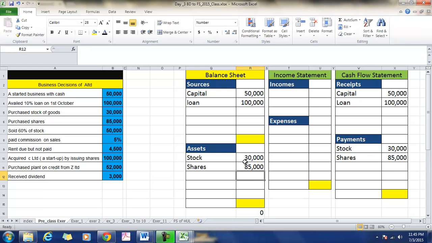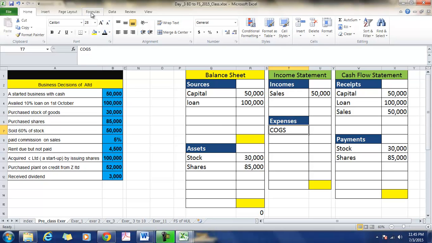The stock which is available with us, we are now selling 60% of the stock for 50,000. So sales is 50,000, and let us assume that sales to be for cash. It is a cash sales, and due to the matching concept, we say that whenever there is a sale, there has to be cost of goods sold.